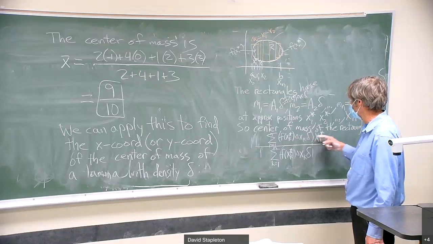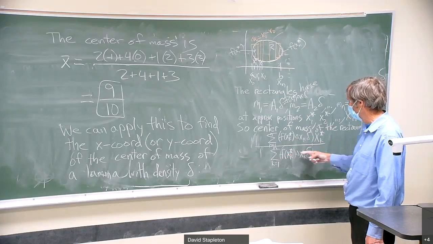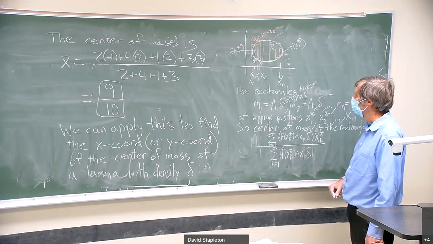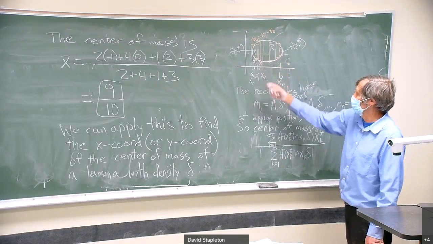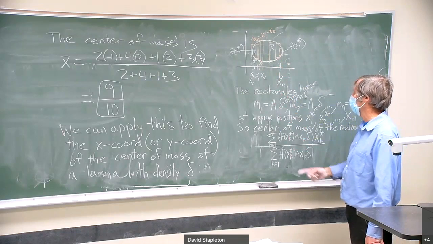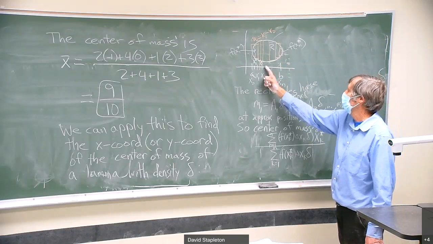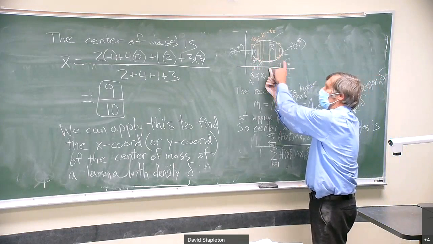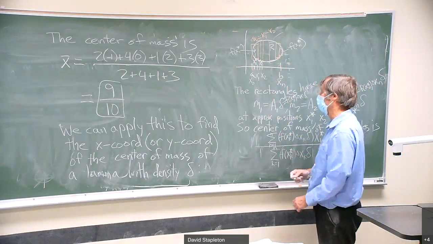So this is mass times position summed over masses summed. That gives the center of mass of the rectangles along the x-axis, as though you're trying to balance it with your finger right here, a whole bunch of little rectangle widths, right? That's where the center of mass would be.